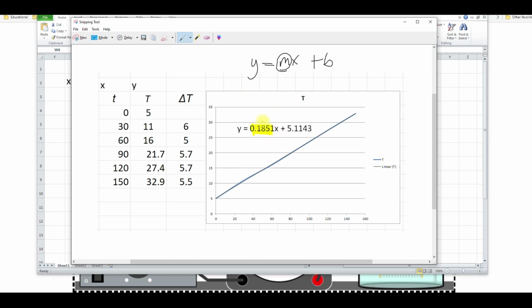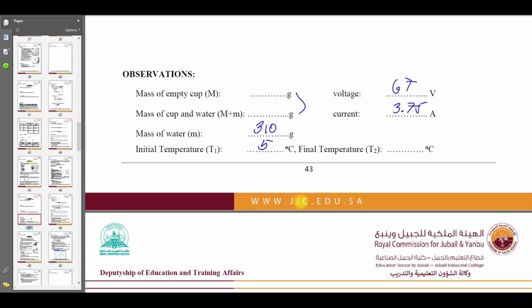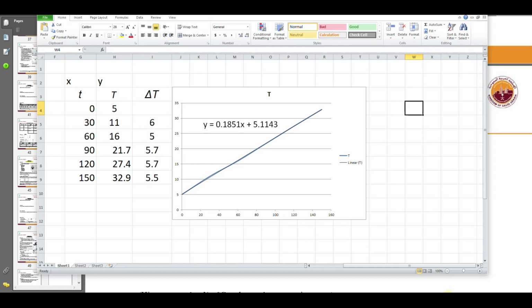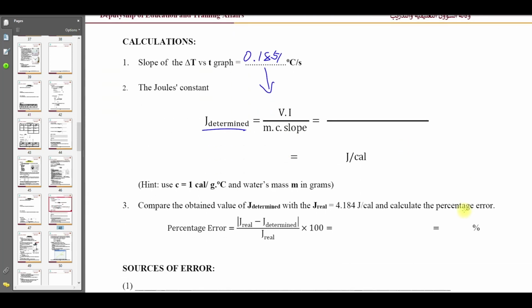You will take this slope and use it to complete your calculation for Joule's equivalent, or Joule's constant J. So 0.1851, go to your data sheet and write the slope, 0.1851. Now you will substitute the values here to find J determined. That's how you will collect the data from the simulation, and good luck in doing your experiment.